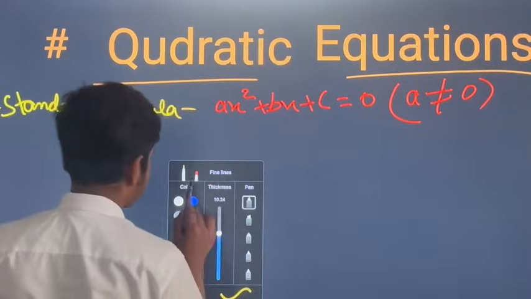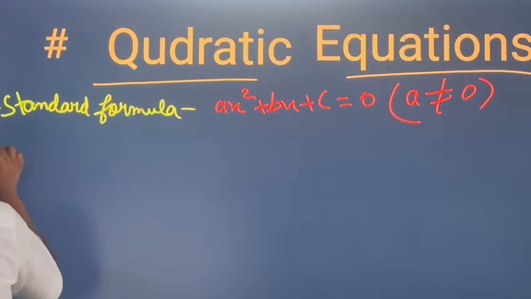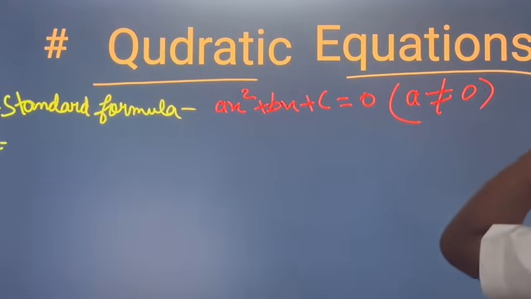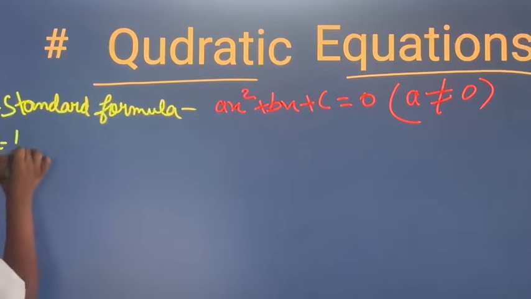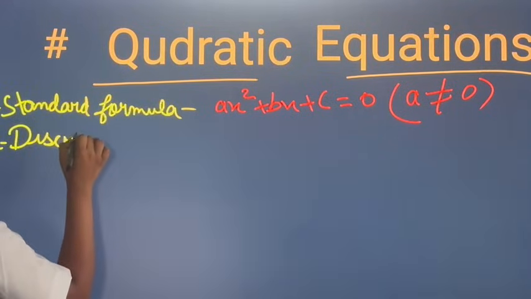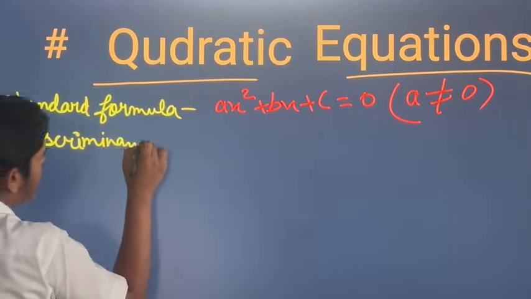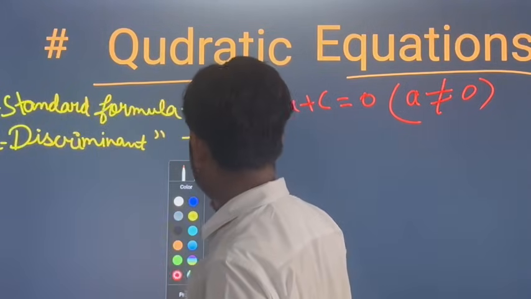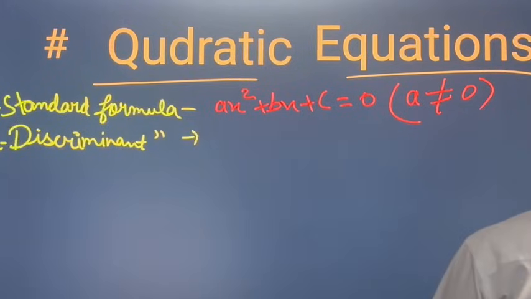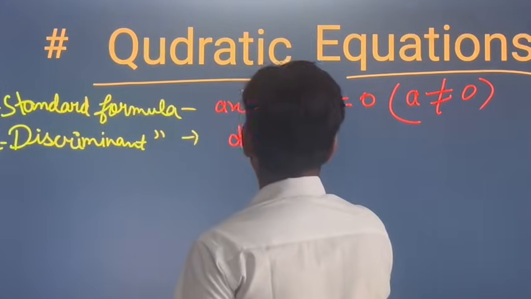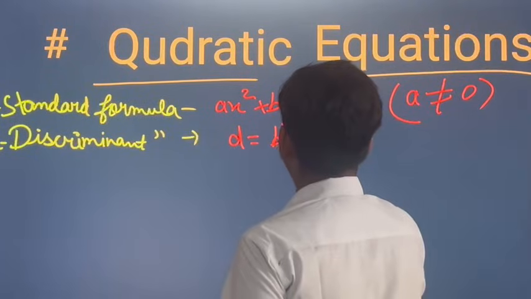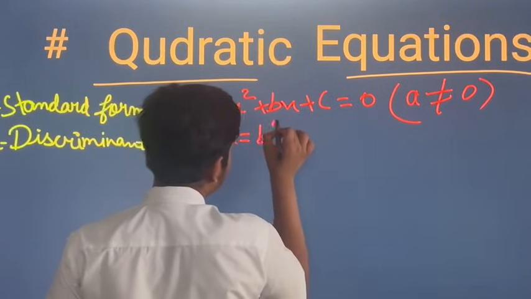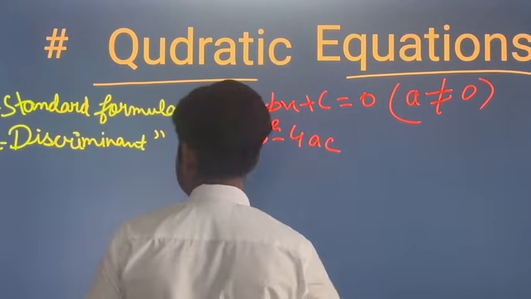Second is the discriminant formula. D is equal to b square minus 4ac.